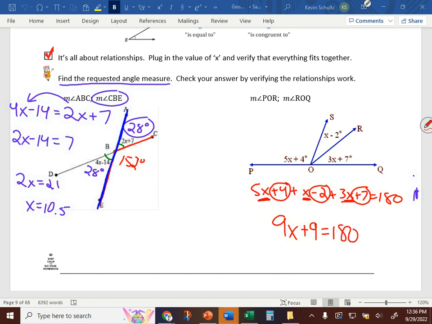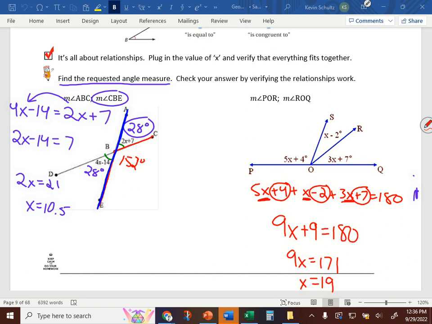And that equals 180. I got 9x plus 9. I got the 9x from combining all my x terms, 5x, 1x, and 3x, and then my constants. So then when you move the 9 over and then divide by 9, you get 19.